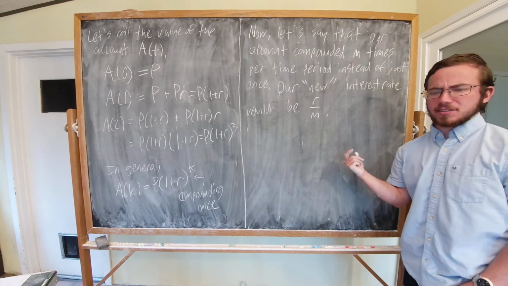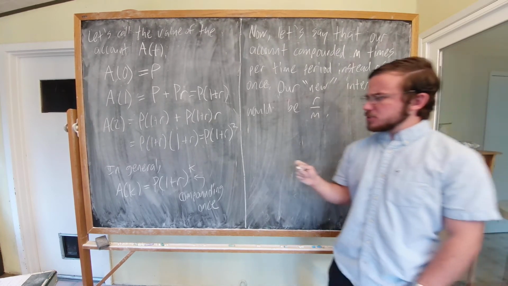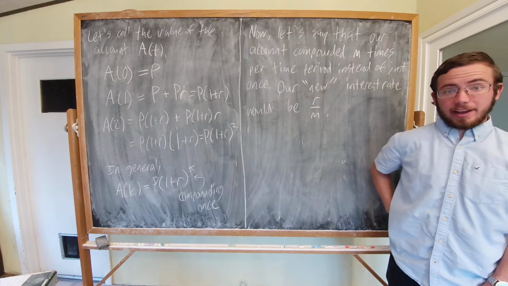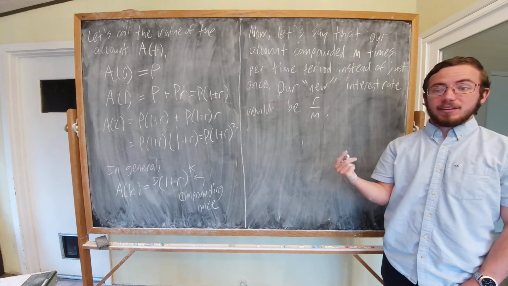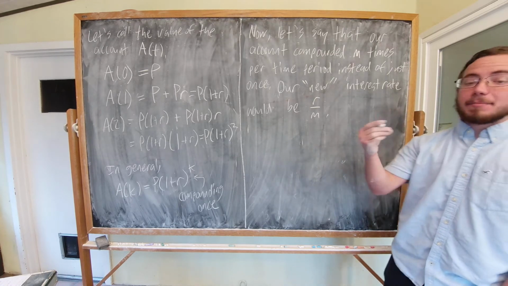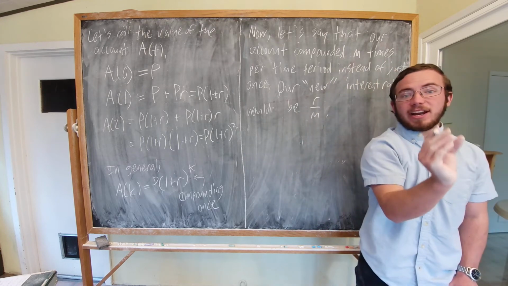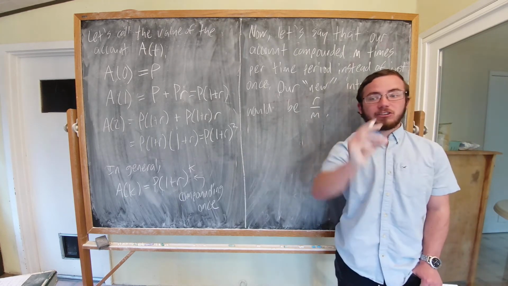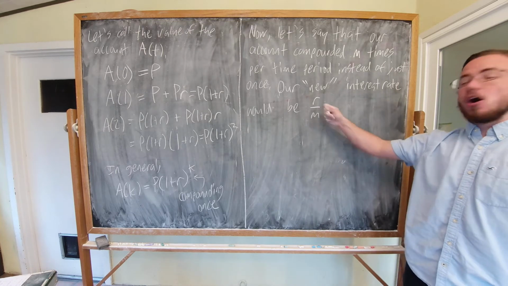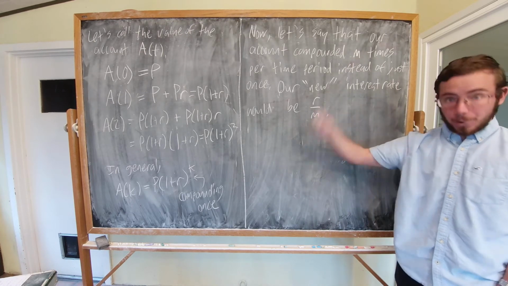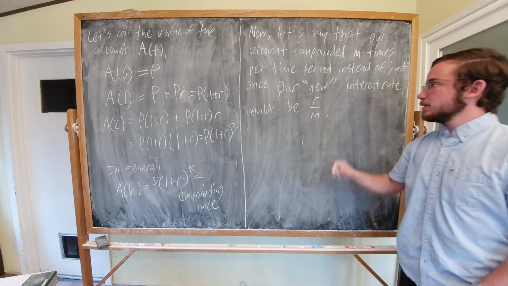Why does that make sense? Well, if I'm supposed to get R as my percent interest rate per time period, and now I'm compounding, let's say, 3 times over the course of the time period, then my R gets spread out. It gets spread out to the first chunk, the second chunk, and the third chunk. So we get R divided by M as our new interest rate per compounding period.